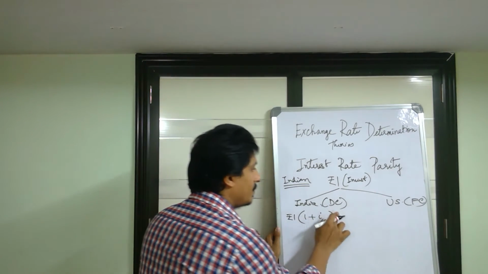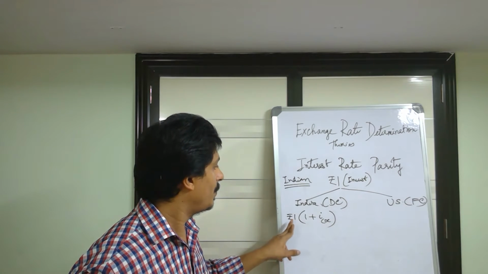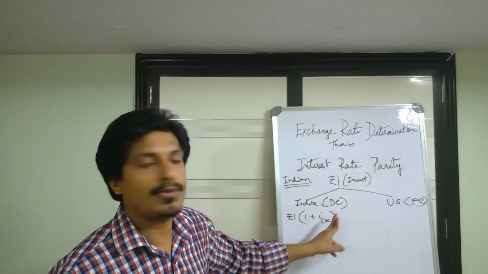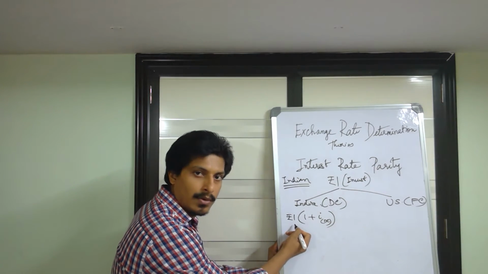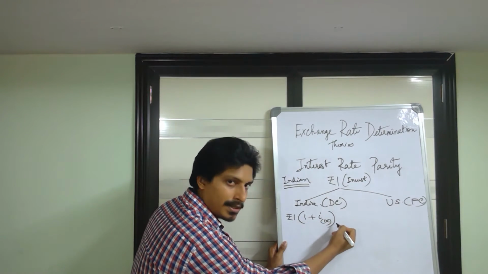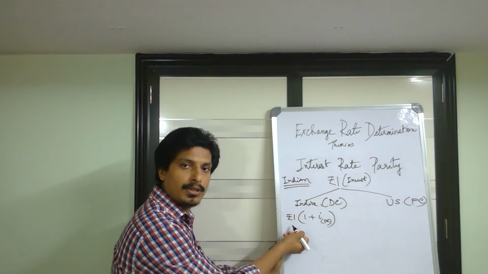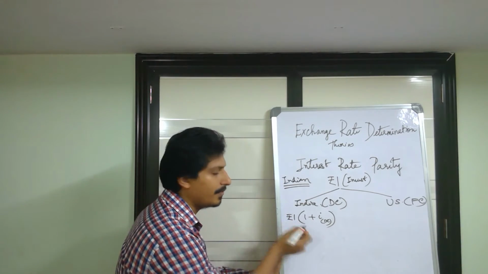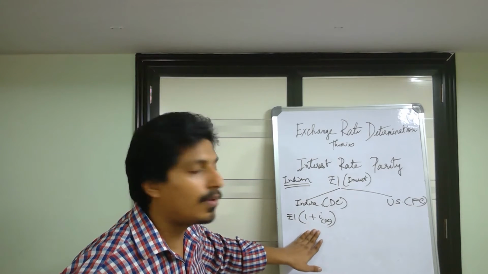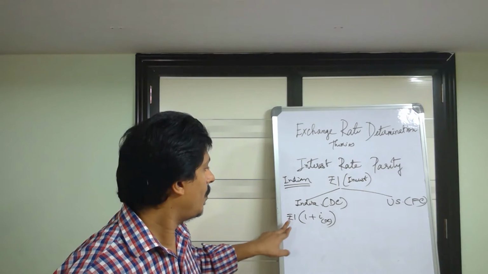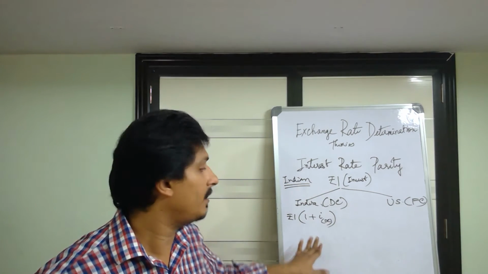It is 1 because after 1 year we will get 1 into (1 plus r) to the power n. That's the formula. 1 is the present value. When you multiply the compound interest factor with your present value, you will get the future value. This is what you are going to get: 1 into (1 plus i) to the power n in the domestic market.